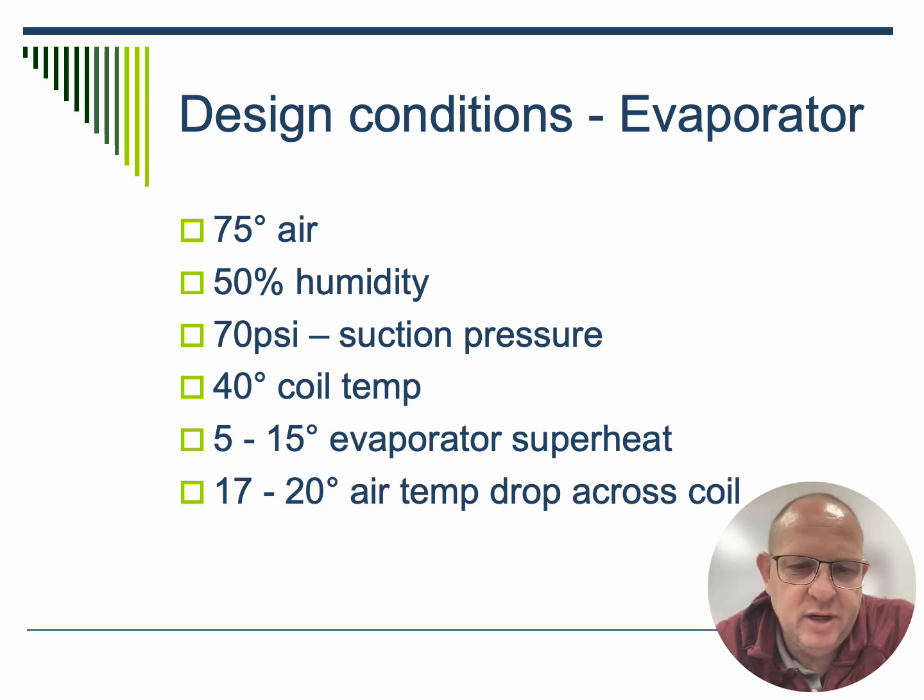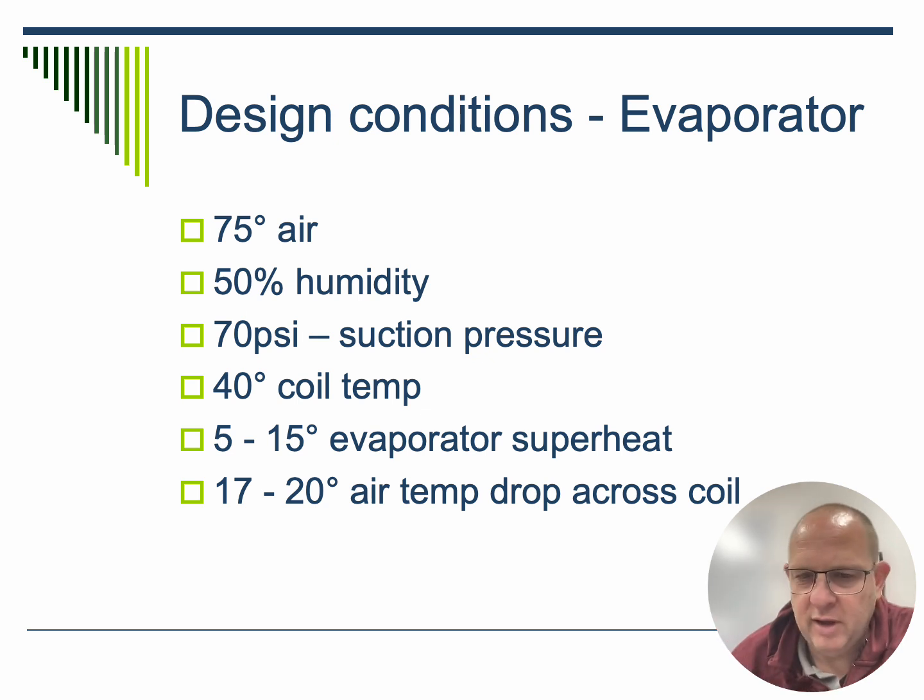Some of your publications out there will go 8 to 20. But if you're getting anywhere from 5 to 20 or 8 to 20, we're okay on our superheat, depending on what that temperature is inside of your unit. Temperature difference across the evaporator, we're looking at 17 to 20 degrees difference.